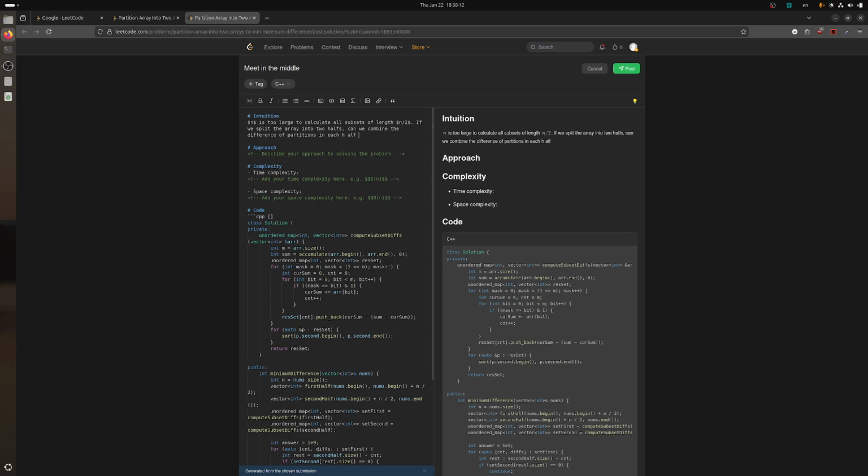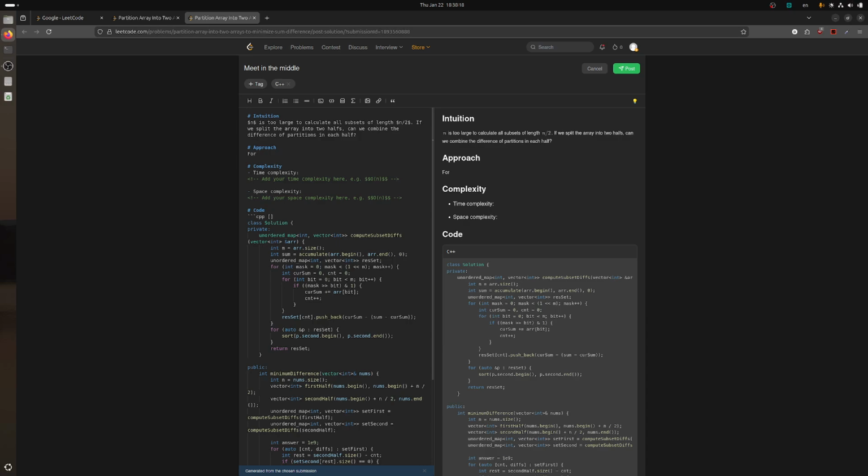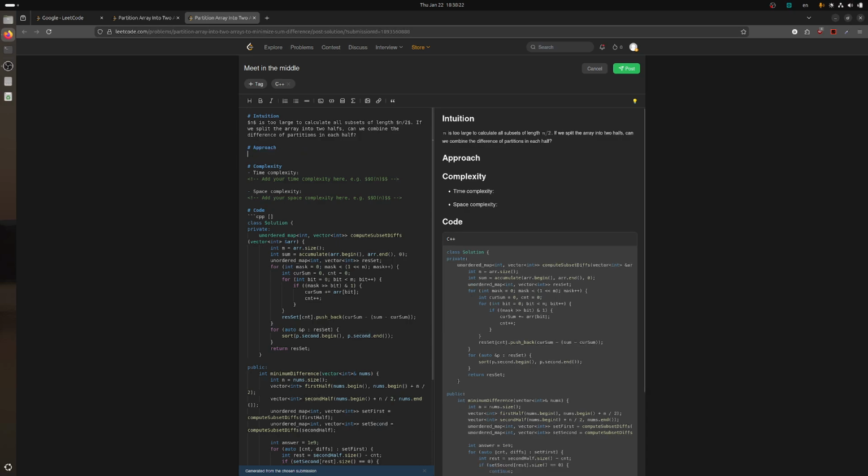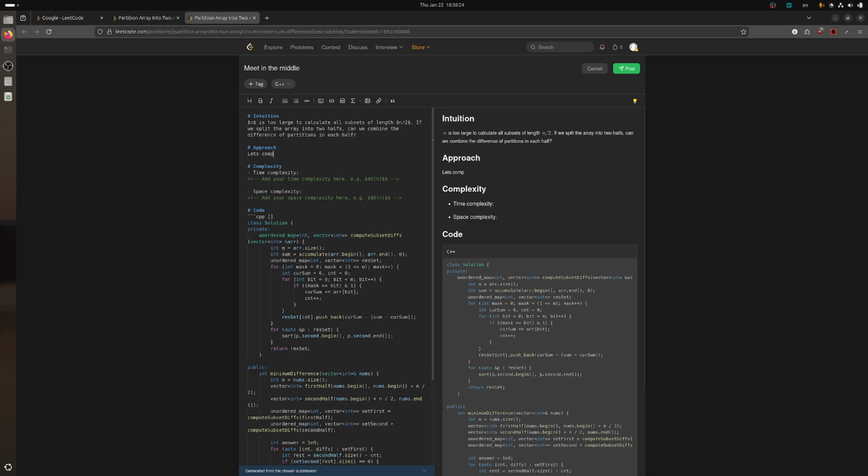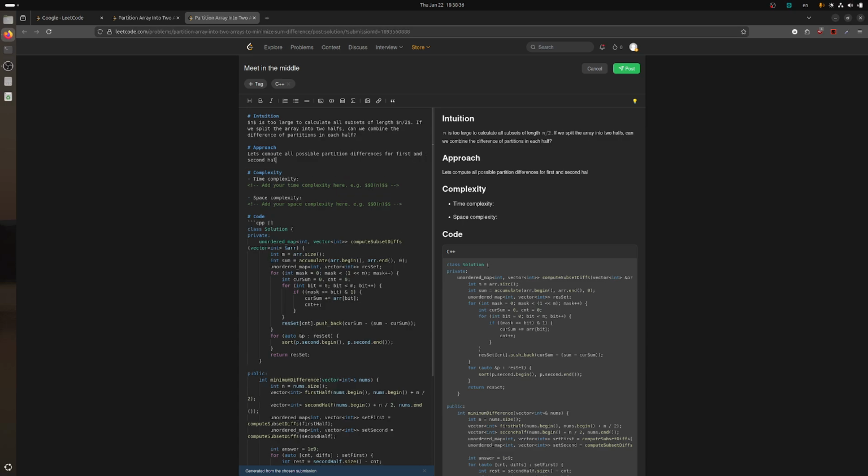in each half, for first and let's compute all possible partition differences for first and second half of nums.